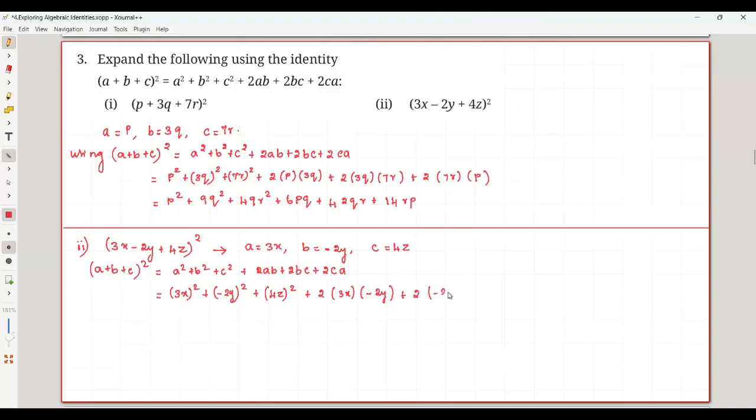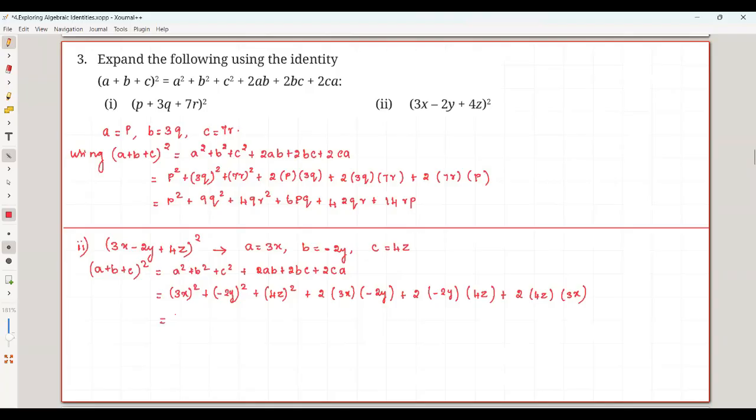So b value is minus 2y, c value 4z, 2bc is over, plus 2 into ca, c value is 4z into a value is 3x. Simplify, you will be getting the answer.